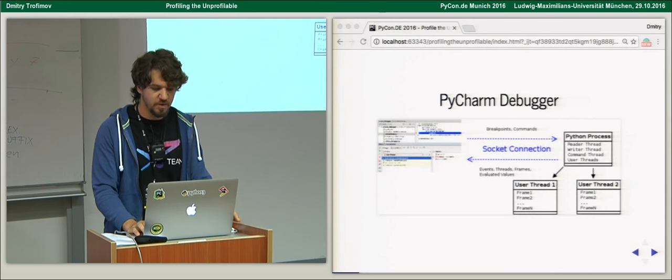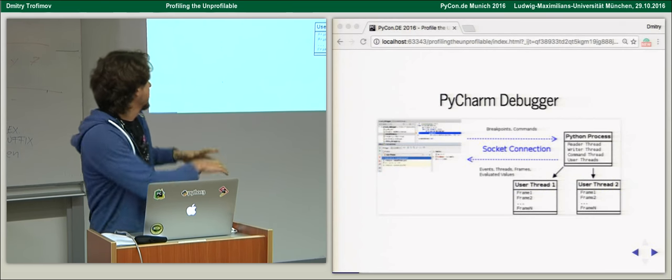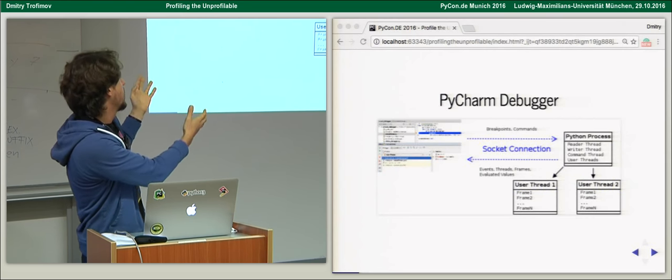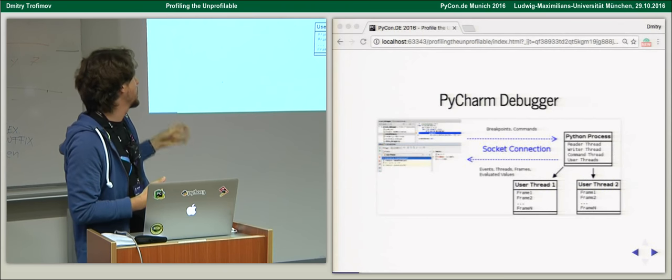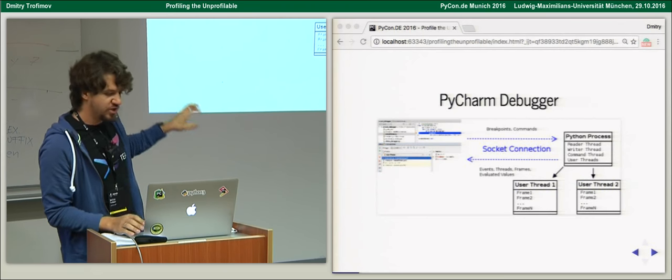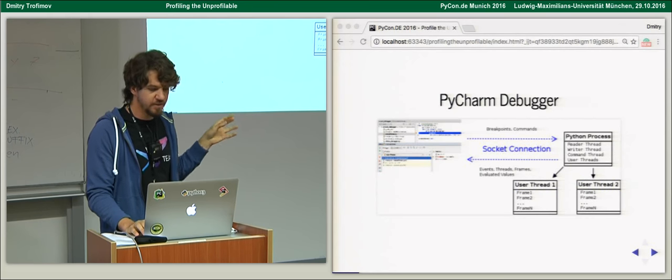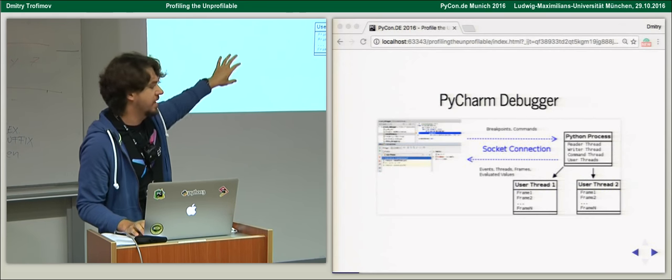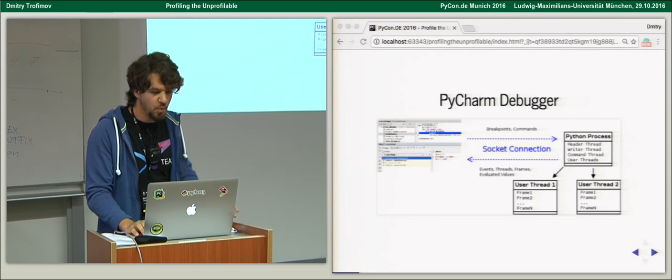On the Python side, it's a complex Python application with threads and a trace function, and all this can have overhead, but we don't know where exactly.